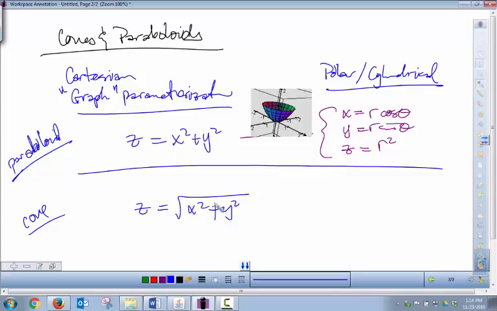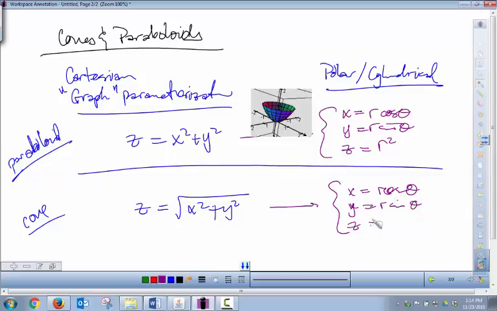So a cone would be something like this, the square root of x squared plus y squared. If we approach this the same way we're approaching the paraboloid, using polar cylindrical coordinates, we can start off with the polar and cylindrical coordinate parts for the x and y.